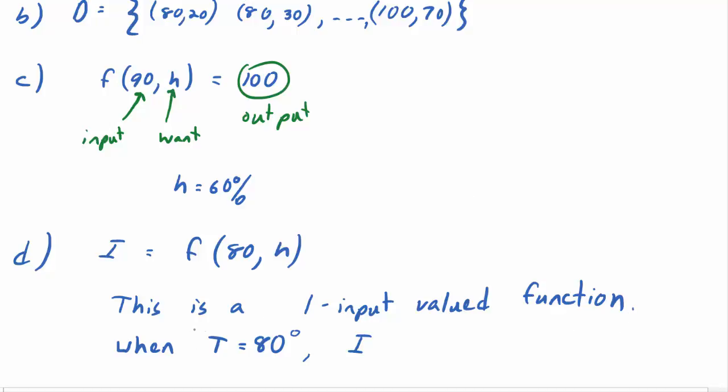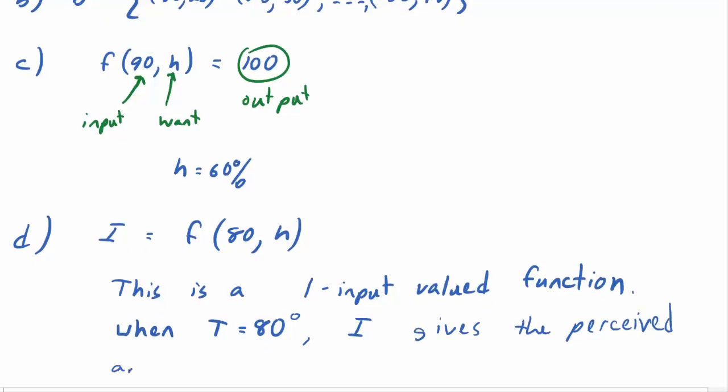When T equals 80 degrees, the function I gives the perceived air temperature for various H values. That make sense to you? Yeah, no big deal there.